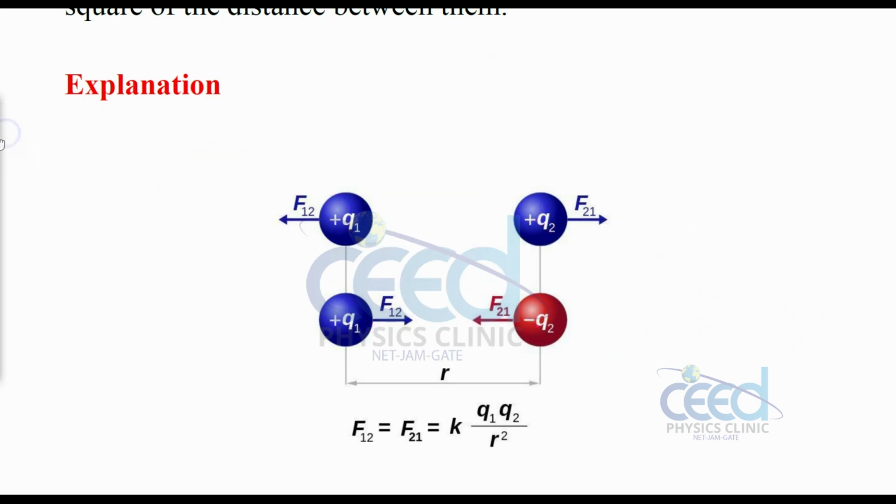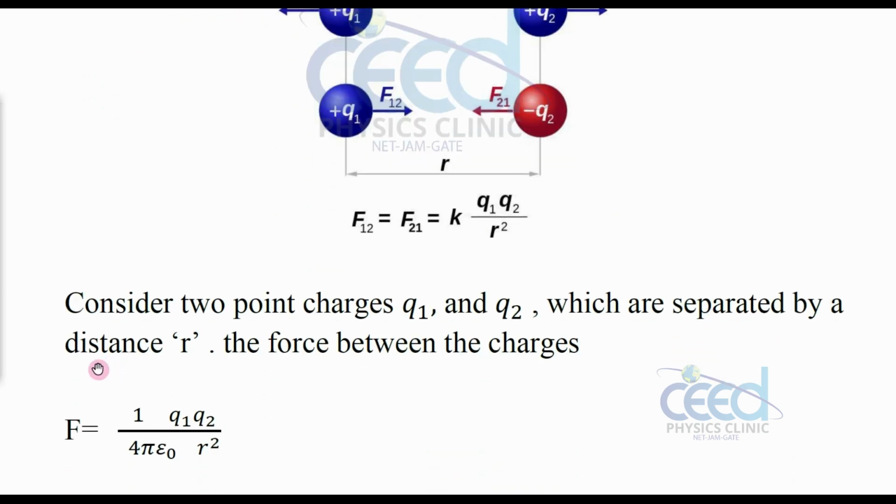Now let us see what this is. We already saw F is equal to, if two charges q1 and q2 are separated by a distance r, right, then what is the force? Suppose the medium between these two charges is free space, there is no medium.